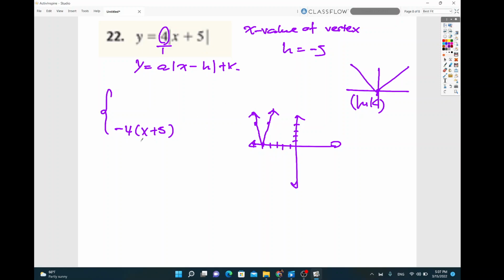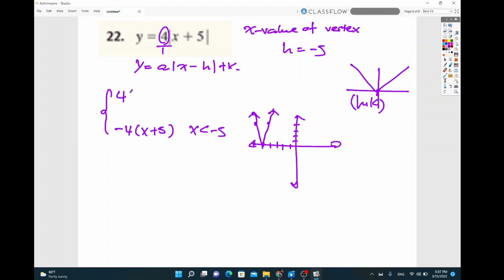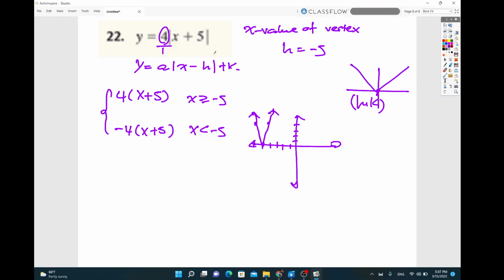The slope this time is negative, and this one is saying that x is less than negative 5. And then what about the positive slope? That would be positive 4 times the quantity of x plus 5, and in this case x is greater than or equal to negative 5. Again, the vertex, the value of h, shows the breaking point. Okay, so this one is f of x or y.